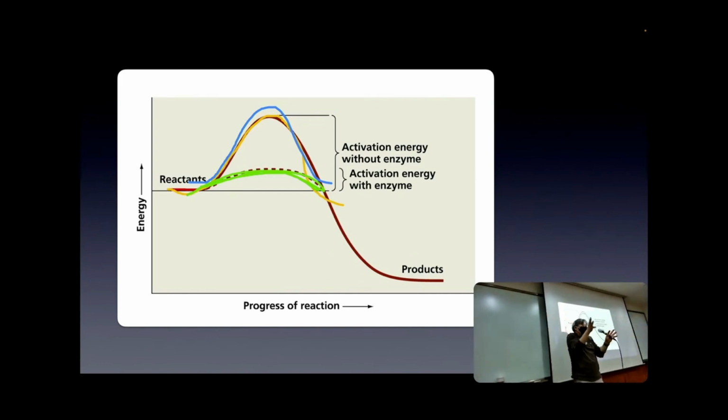Something that you theoretically calculate will take 5,000 years will be done in the presence of an enzyme in even less than a second. That is what an enzyme does.